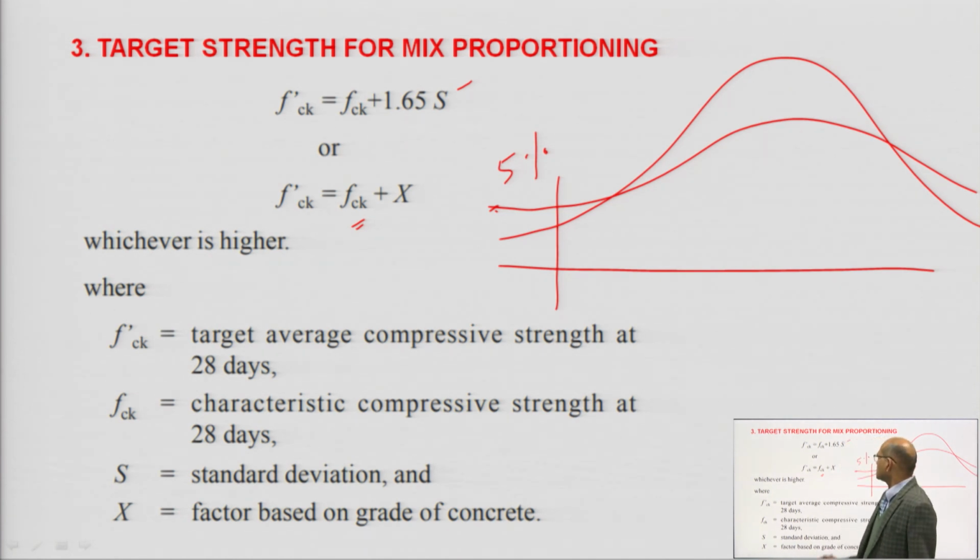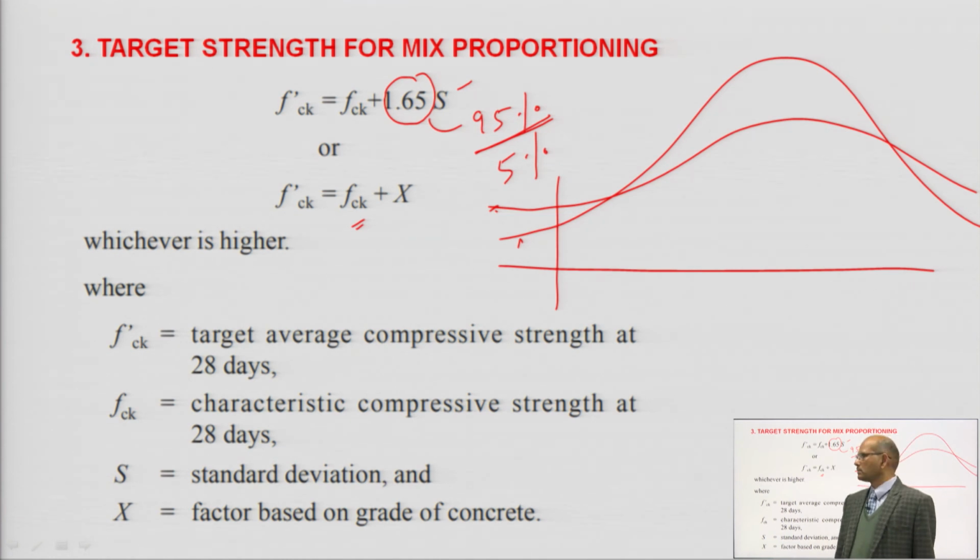Okay. This equation you have to follow: f'ck, the mean target strength, is given by fck plus 1.65 times the standard deviation. This constant 1.65 is for the 95% confidence limit, meaning 95% of the samples will not fail. To get this standard deviation, at least you have to test 30 samples, and one sample will consist of 3 cubes.